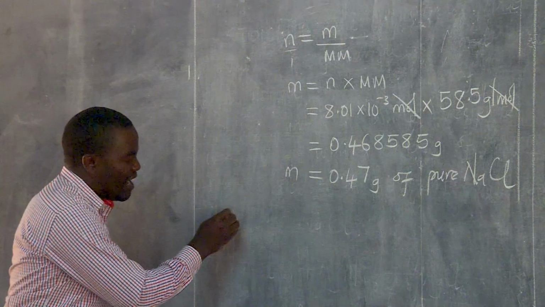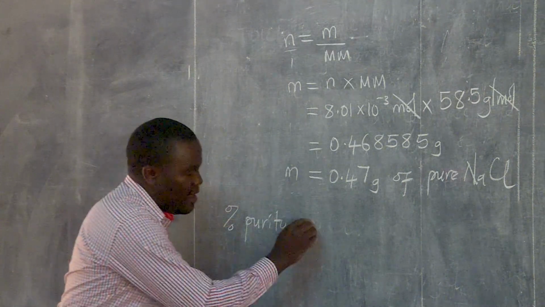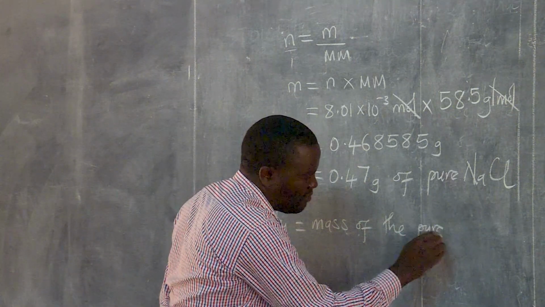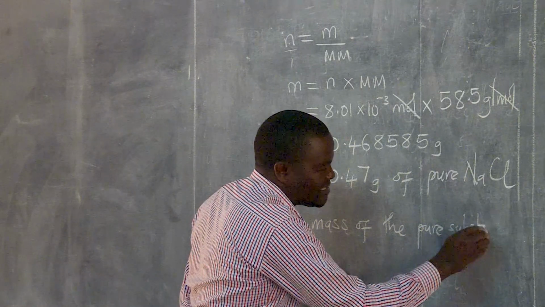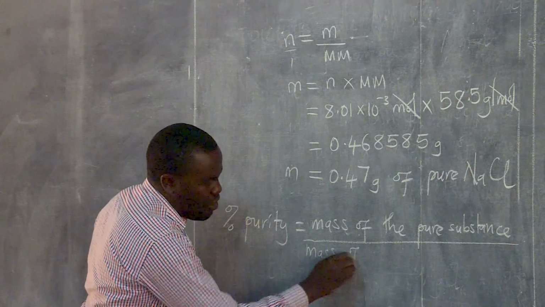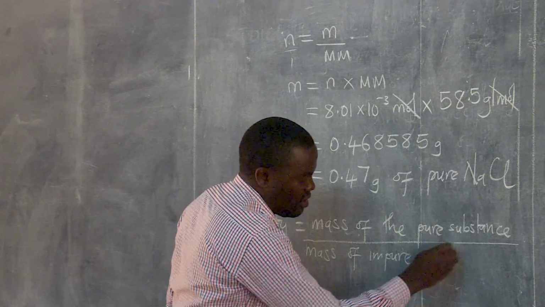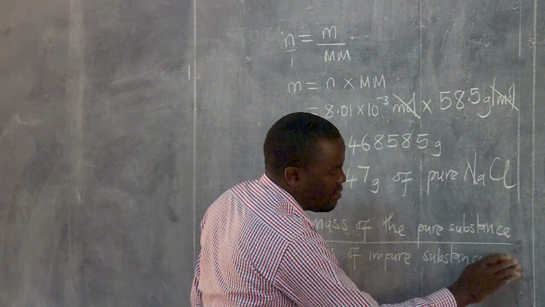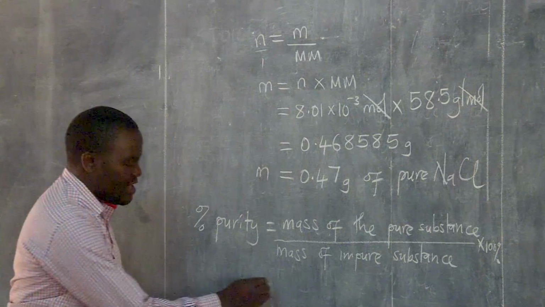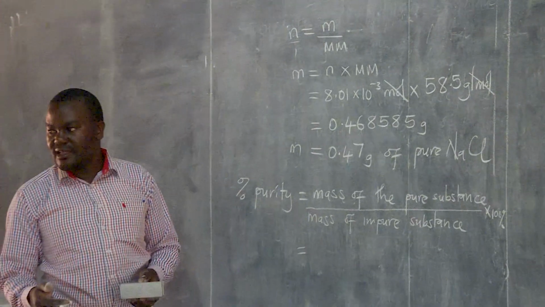So we are going to say percentage purity, which is given by mass of the pure substance over mass of impure substance, we multiply this by 100%.